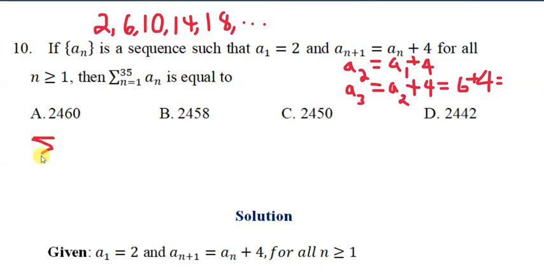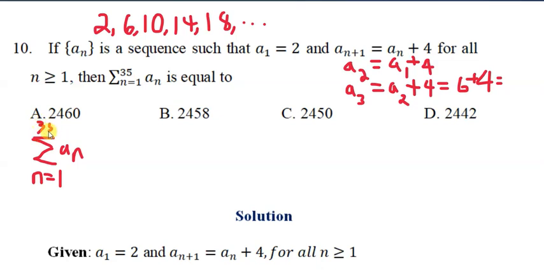We know the sequence (an) is an arithmetic sequence, since the difference between the successive terms is equal to 4, and therefore the summation of an, with n running from 1 up to 35, is always equal to the following.